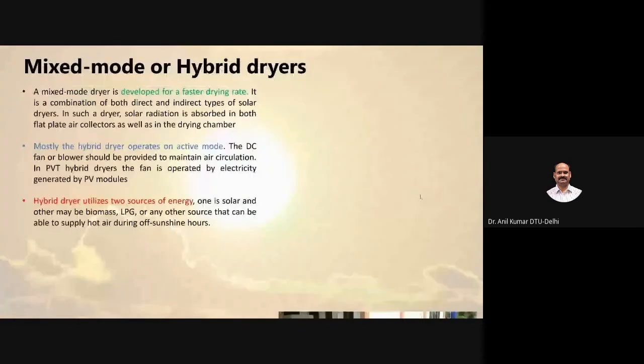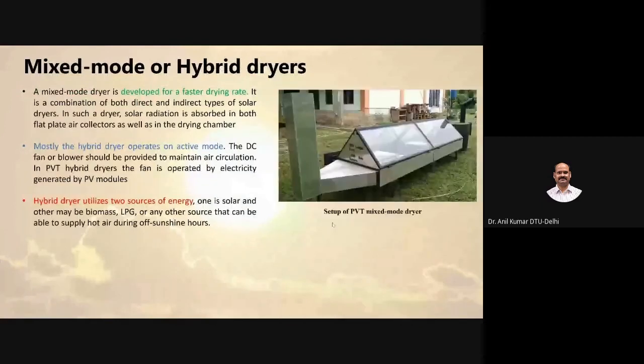Now let us see the mixed mode over here. This is the PVT system. The PV cells are on that side. This is the PVT mixed mode, developed for a faster drying rate with a combination of both direct and indirect, so the dryer, mostly a hybrid dryer, operates in active mode.